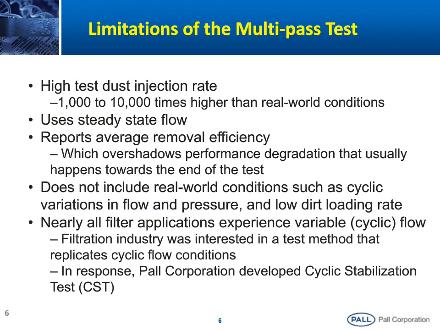Any performance degradation, which usually happens towards the end of the test when the filter is under highest stress, is not apparent from the filter rating, which is based on the average performance. These limitations of the multi-pass test prevent the evaluation of the filters under conditions that are closer to real life found in most industrial systems.